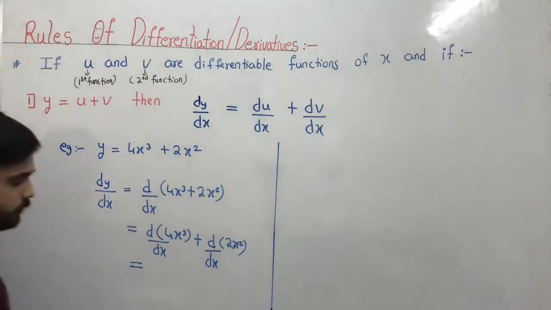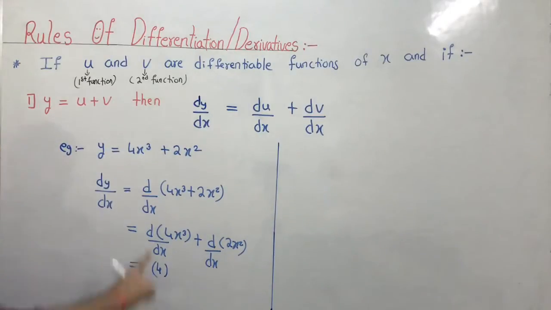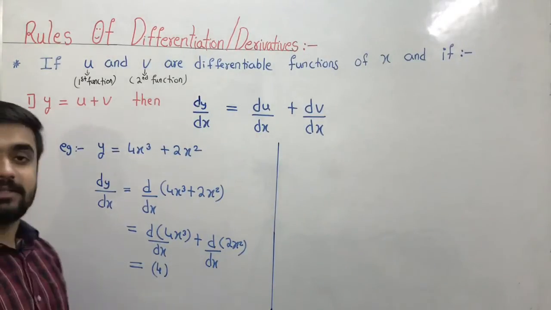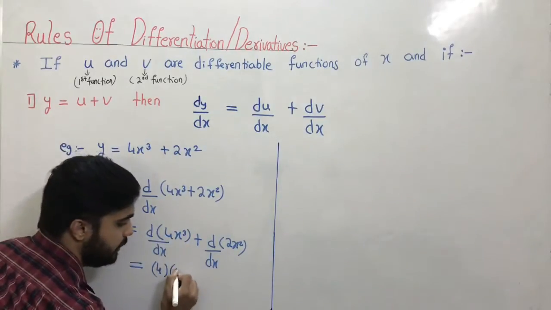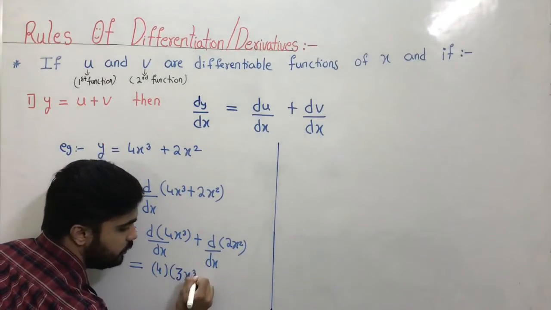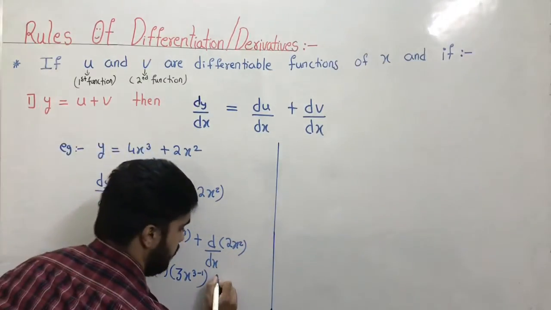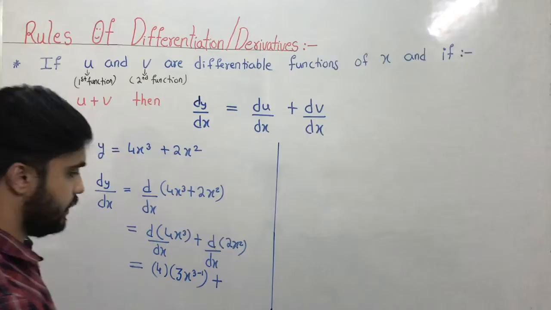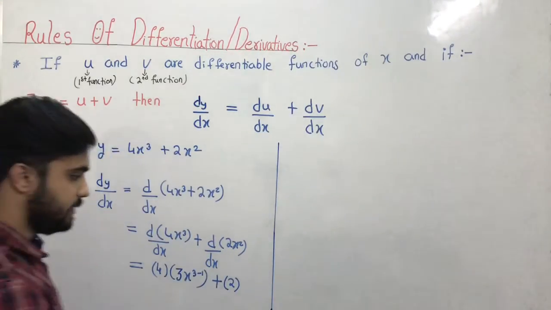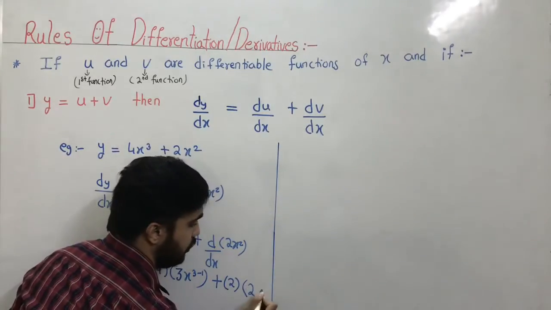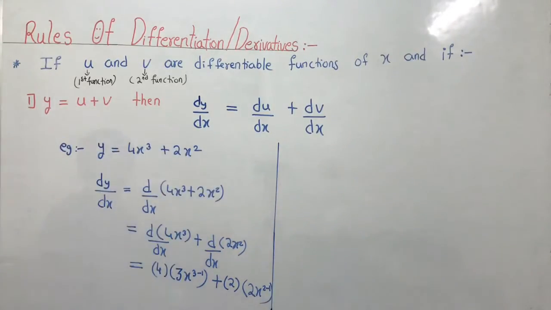Derivative of 4x cube is 4 as it is because it is constant, and for x cube, we know the derivative of x raised to n is nx raised to n minus 1. So x cube will be 3x raised to 3 minus 1. Similarly, derivative of 2x square will be 2 as it is, derivative of x square is 2x raised to 2 minus 1.